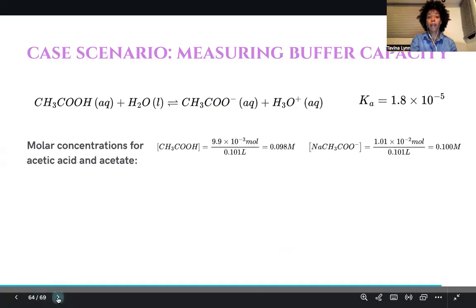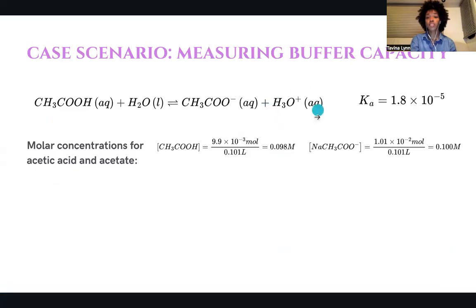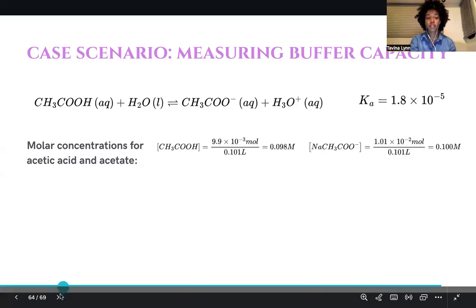So now we're going to go back to our initial hydrolysis reaction to calculate the concentration of our hydronium ions after neutralizing with base. I just have for reference here, this is our final concentrations of acetic acid and acetate after neutralizing with base.